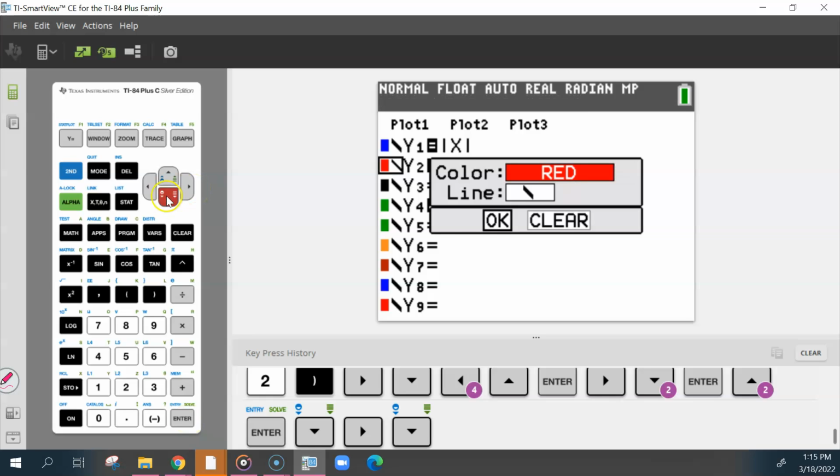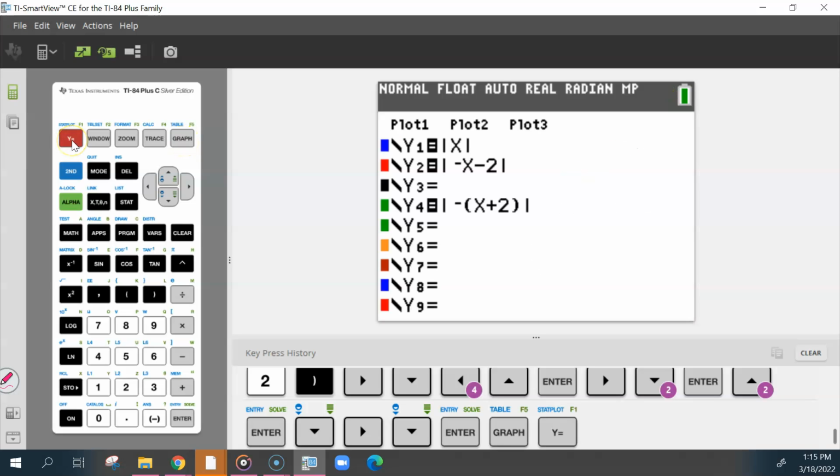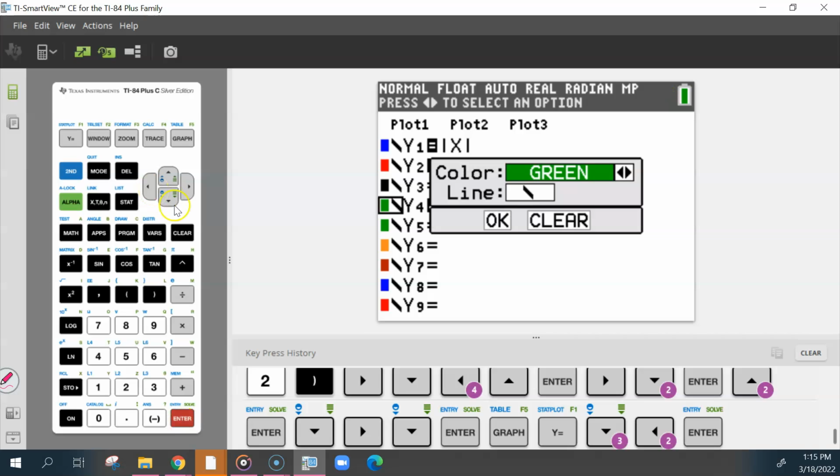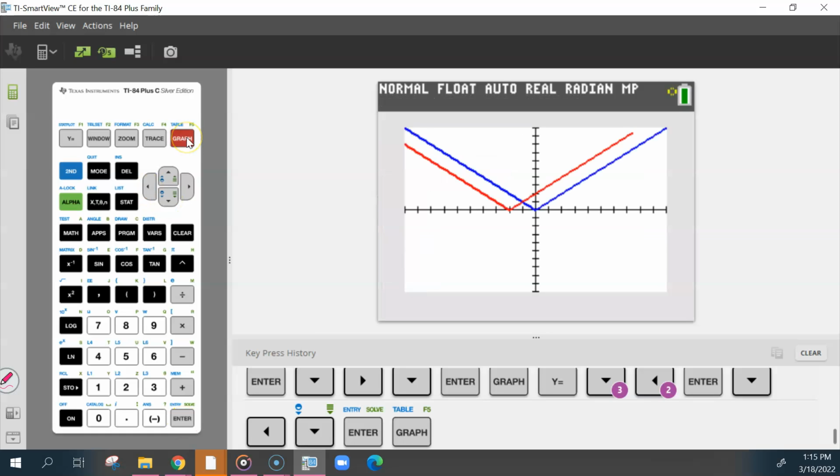Okay. So now when I graph this, I have my parent function. Okay, try again. Parent function, I had that original function that we got, and the one that I just created, and notice how it graphs over top of this.